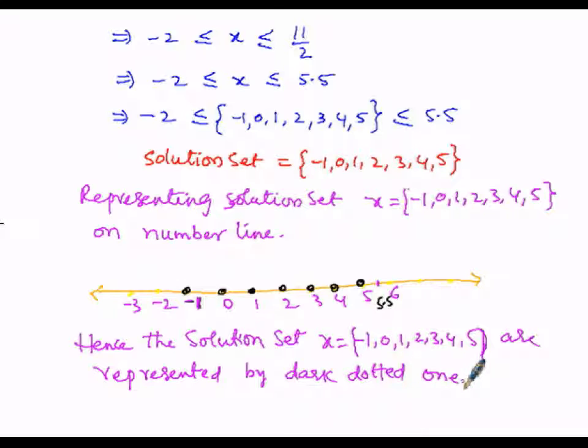In this manner, we got the solution set as -1, 0, 1, 2, 3, 4 and 5.